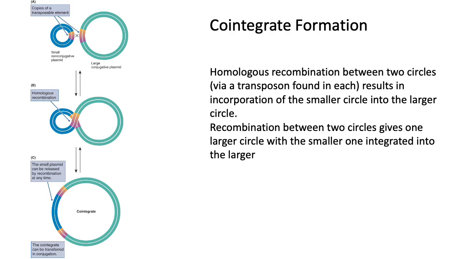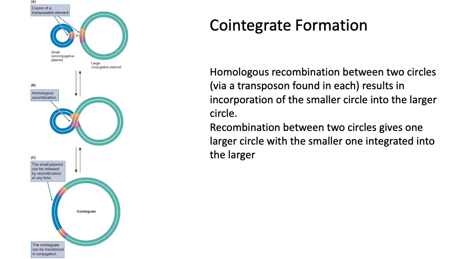Let's say that you have a transposon, and the transposon has inserted itself into a plasmid. And at some point, the transposon jumps out of there, and it inserts itself into the bacterial chromosome.